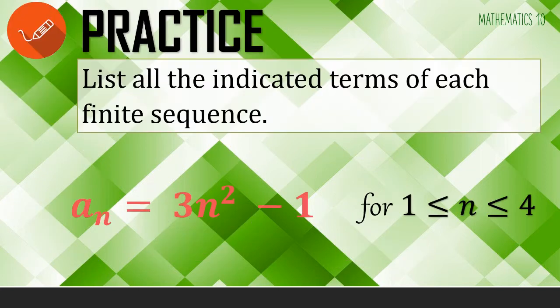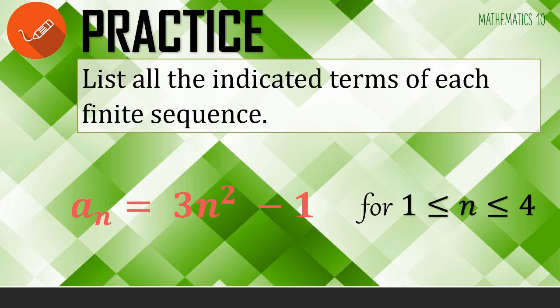Okay. Next problem, or next item, we are going to list again all the indicated terms of each finite sequence given that n is greater than or equal to 1 but less than or equal to 4.